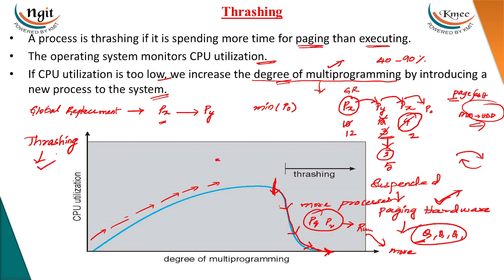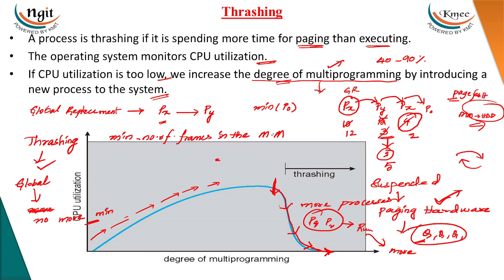Okay, so the reason for this thrashing is implementing global replacement, where a higher priority process takes the lower priority process's frames, even though that process has no more than the minimum number of pages, the minimum number of frames in the main memory.